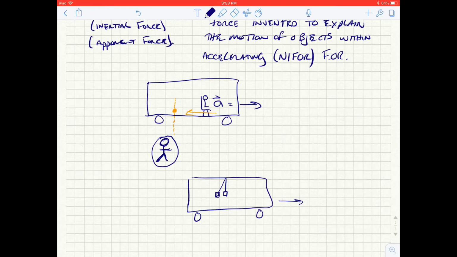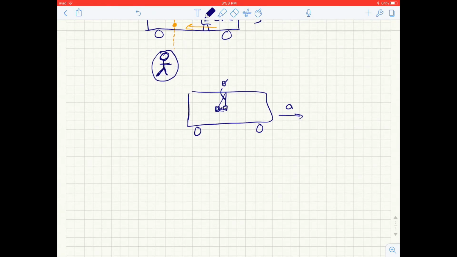It's going to appear to swing backwards. Now we can use this because we can measure the degree of swing, and by the behavior of the apparent force acting on this rubber stopper, we can come up with a value of the acceleration of the frame of reference. Let's take a look at how we can do that.